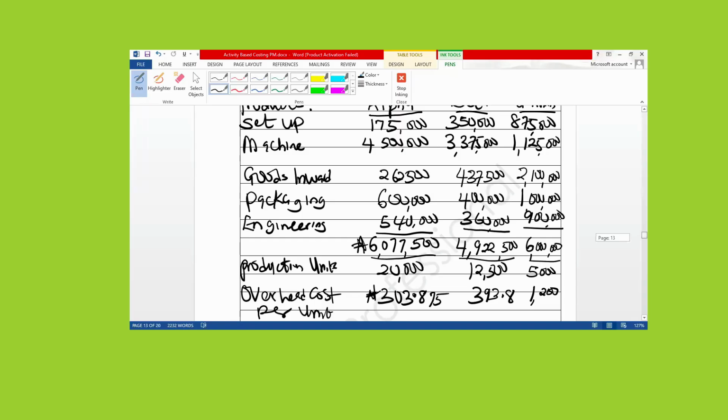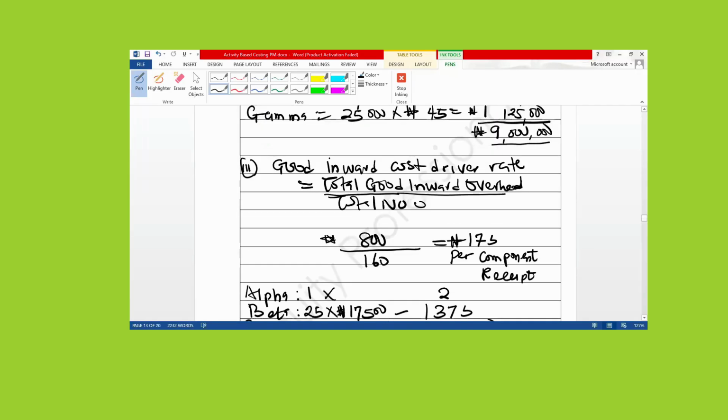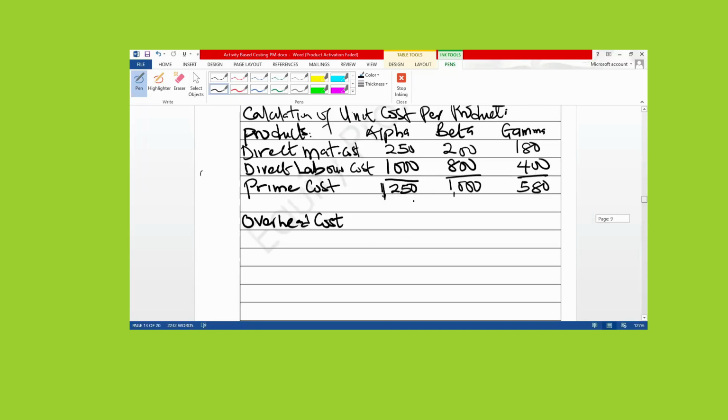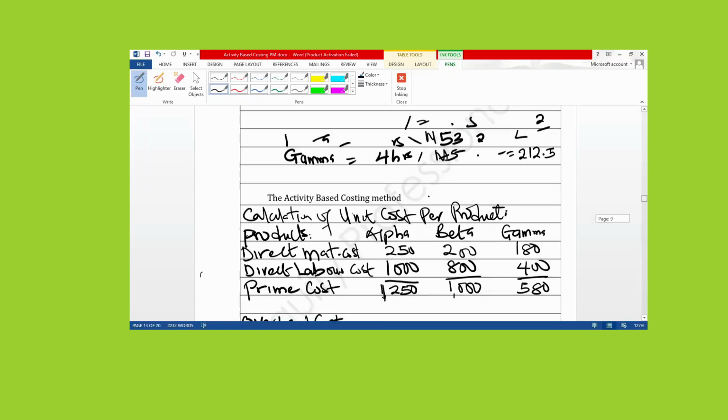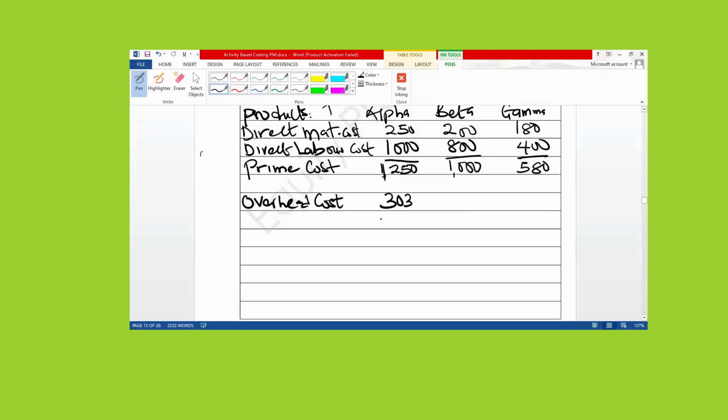Now return to your first page. Production cost per unit is prime cost plus overhead cost. The first one, 1553.875.